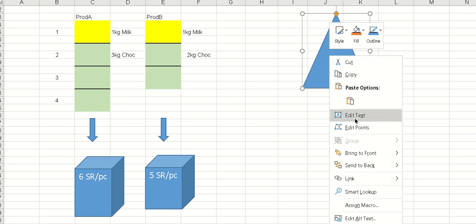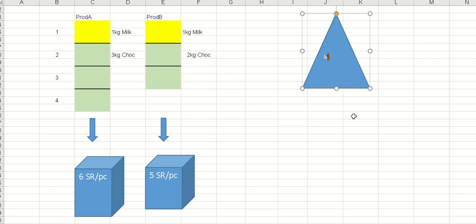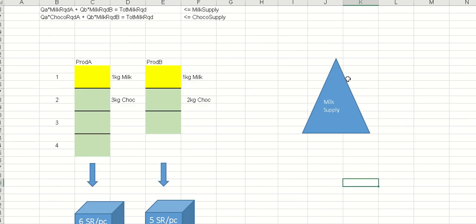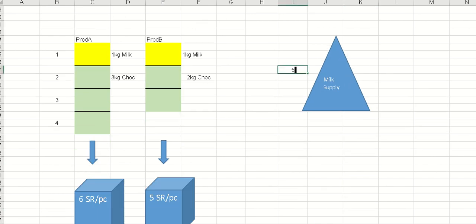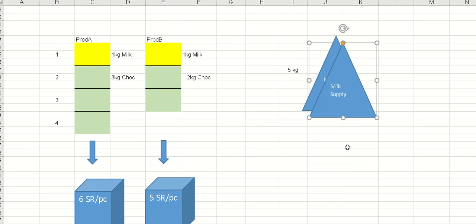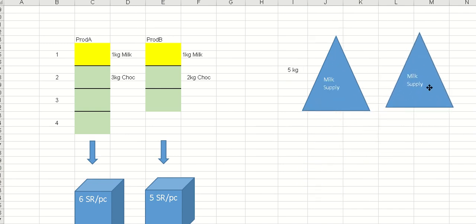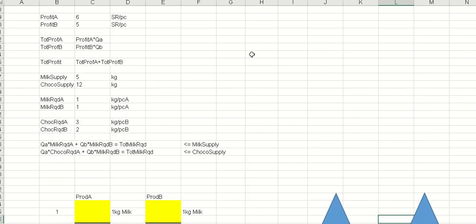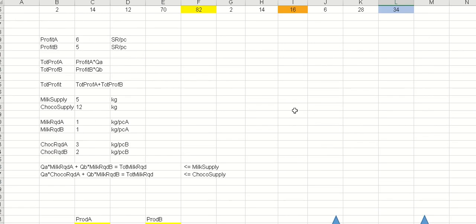is 5 kg. This is 5 kg only. And my chocolate supply is 12 kg.